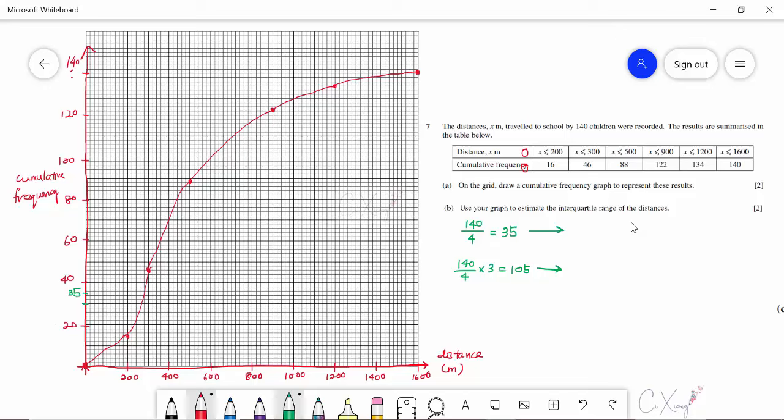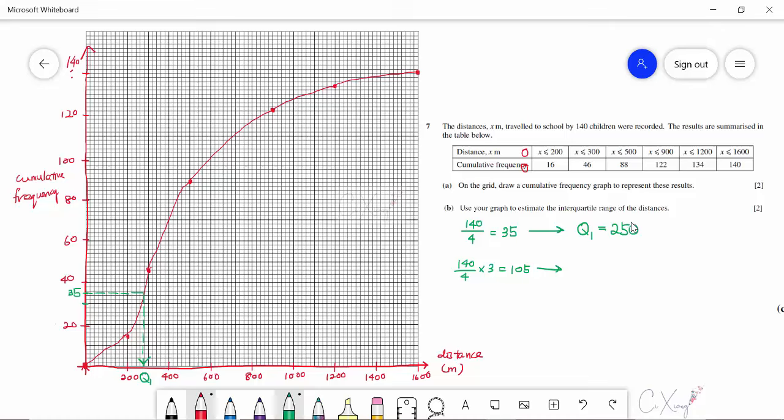From 35, you try to draw a horizontal line, touch the graph that you draw, and then try to figure out what is the value here. So this is actually your Q1. According to my original graph that I draw, the Q1 that I get is around 250.